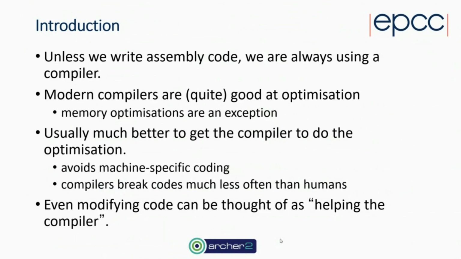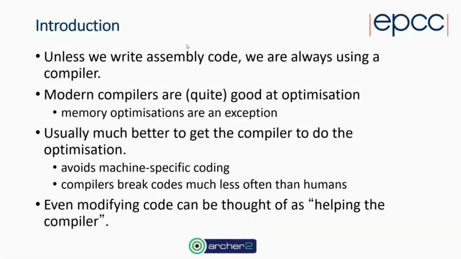The compiler knows especially about the processors you're running on, or it should do, so that it should be able to generate code which fits in the correct number of registers, uses the correct vector units and vector instructions, generates the prefetch instructions where possible, and these kinds of approaches.